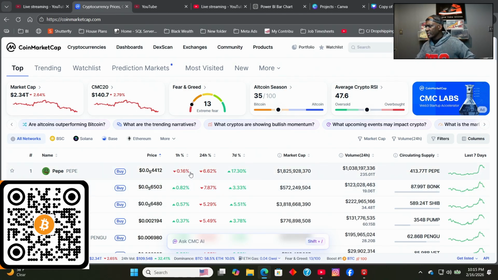We can see how it's changing by hour, by 24 hours, and by 7 days. And then we can see the market cap, the volume, and the circulating supply. Again, this is not meant to be a crypto course, so I'm not trying to give you an education on crypto.